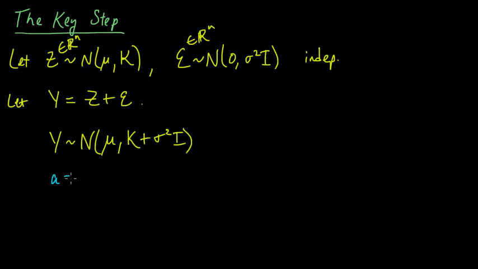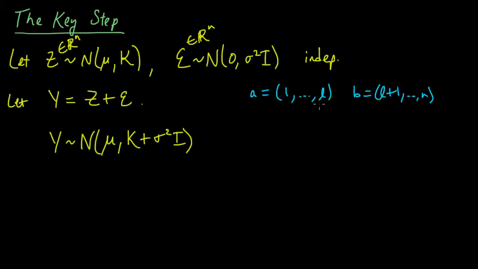So let's say A is the numbers 1 up to L, and B is L plus 1 up to n.